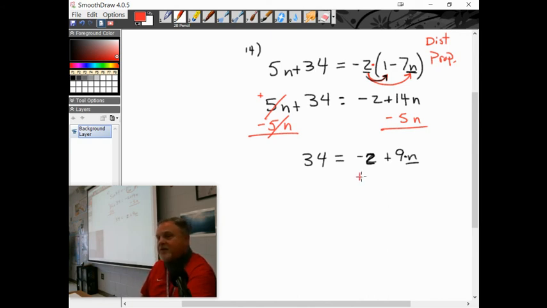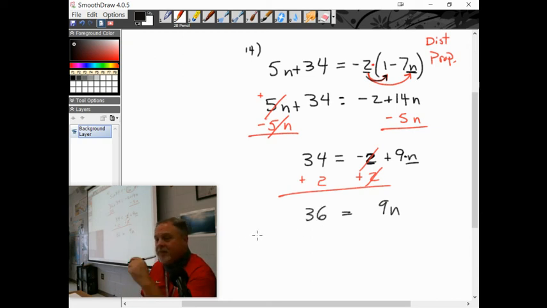Positive 2. So put a positive 2 underneath the numbers of both sides and total it up. Bada bing, bada boom. The 2's drop out on the right because any number added to its opposite is 0. 0 plus 9n is just 9n. On the left side, we have 34 plus 2 more, which would give us 36.